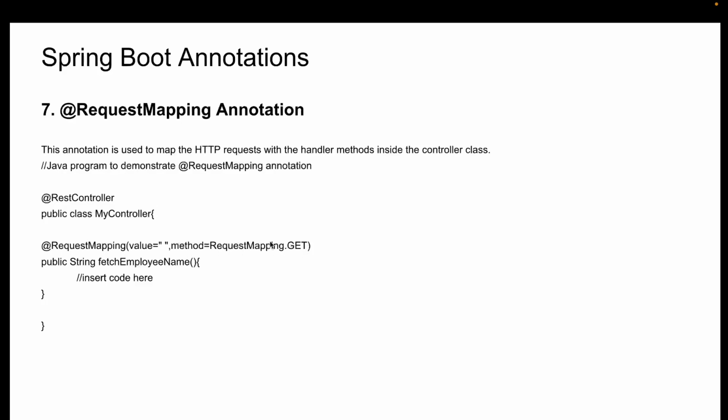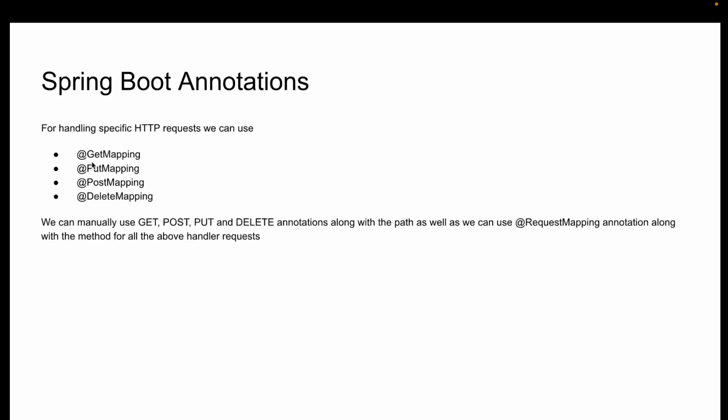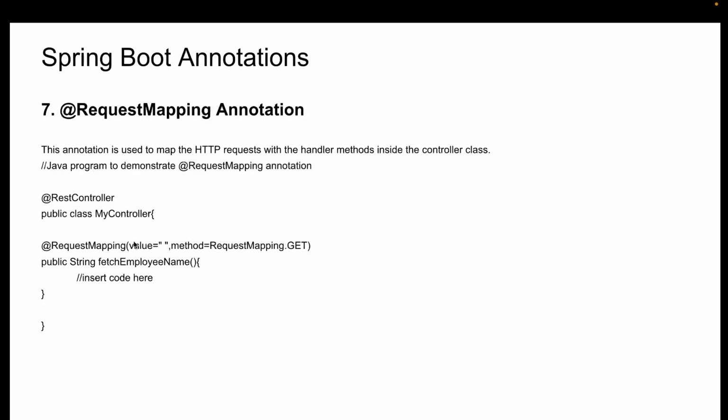If we want to replace this entire line, we can just write at the rate get mapping, and in the parenthesis we can specify the value, which is basically the URL that you want to specify. Let's say your URL is something like http localhost 9090 and then slash fetch slash employee.